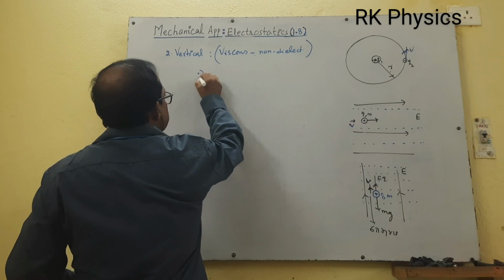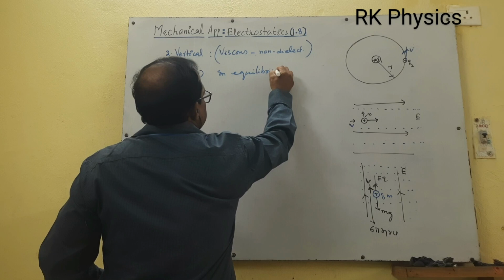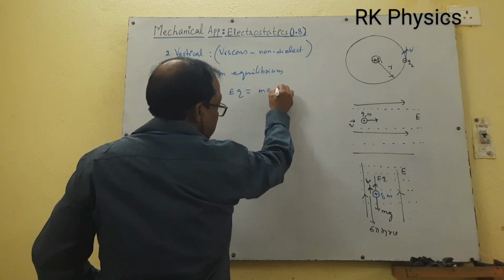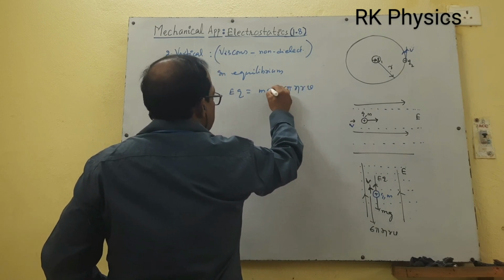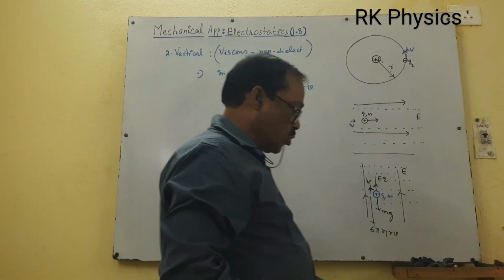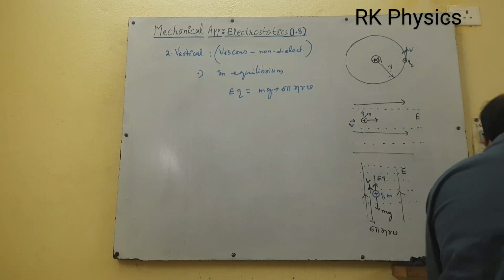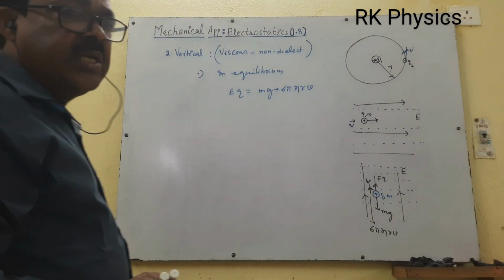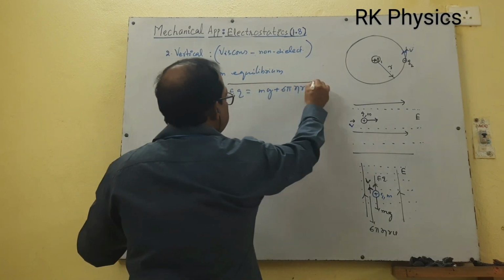Therefore, in the first case, in equilibrium, you can write that the net upward force equals the net downward force. The net upward force is only the electrostatic force, and the net downward force is mg plus 6 pi eta Rv. Okay, so this is the case in equilibrium.